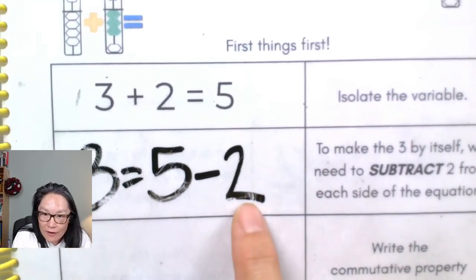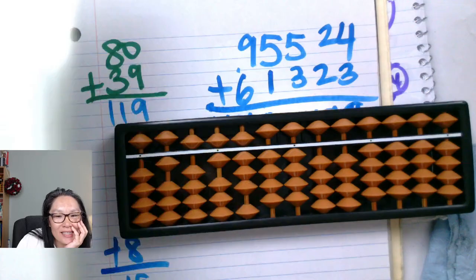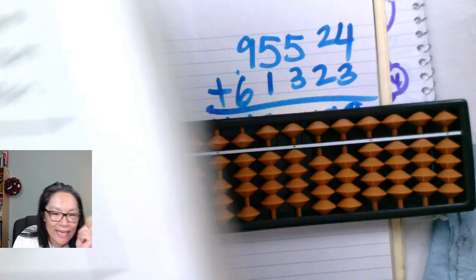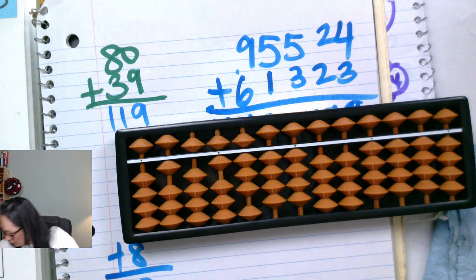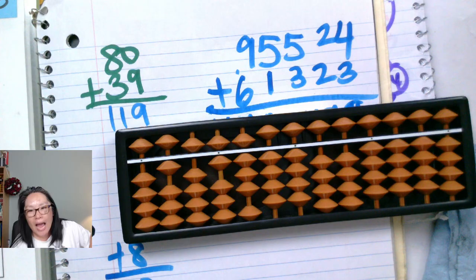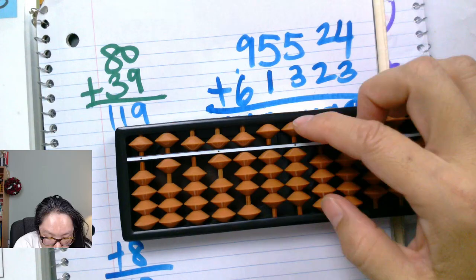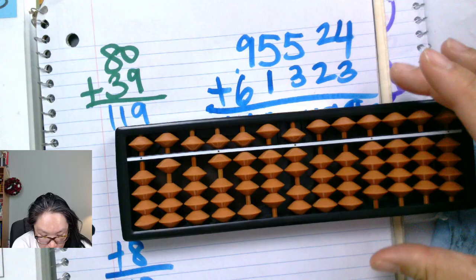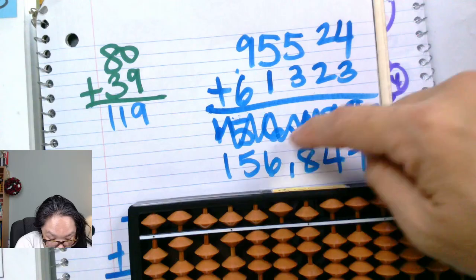So just like algebra, what we're doing is we're showing you the beginning steps of algebra. Cool. So we're going to plus the 5 and then minus the 2. And so that's my final answer. So my final answer is 156,847.